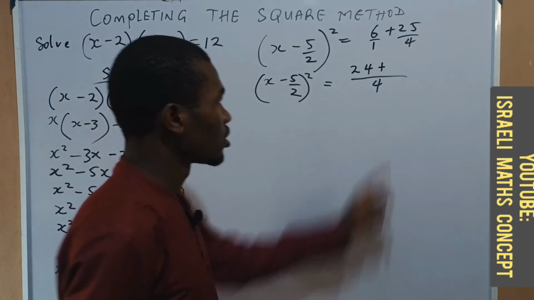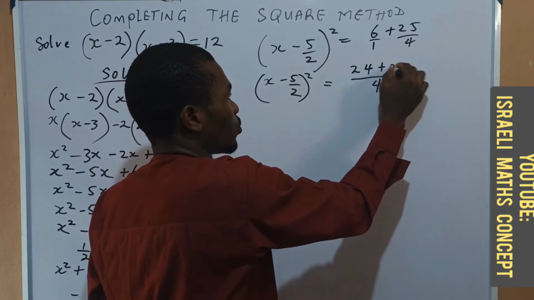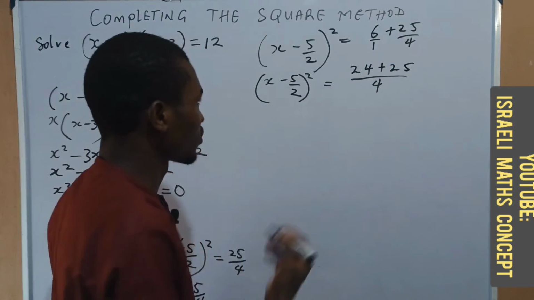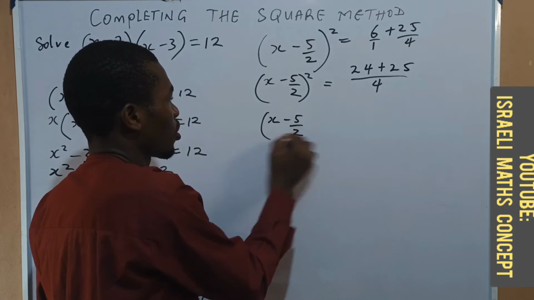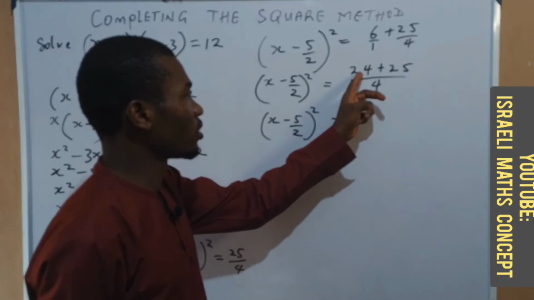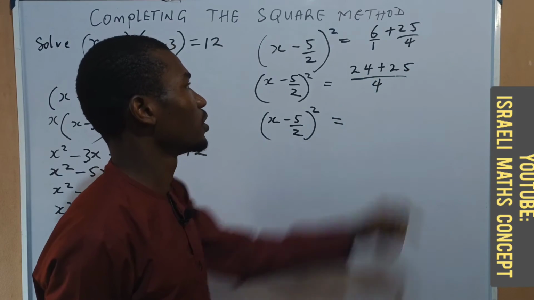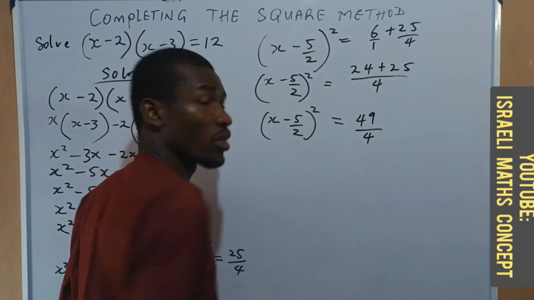Then plus 4 divided by 4 is going to give us 1, and 1 multiplied by 25, we then have 25, such that we have x minus 5 over 2 all squared is equal to, remember, 24 plus 25 is going to give us 49 all over 4.